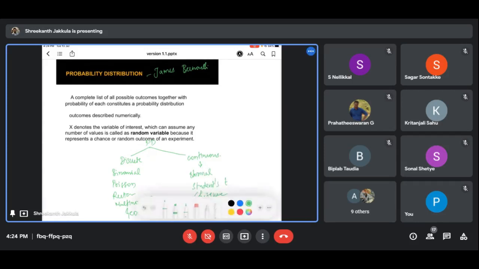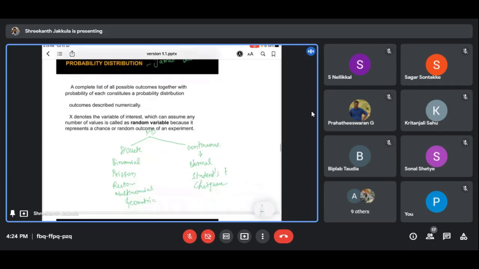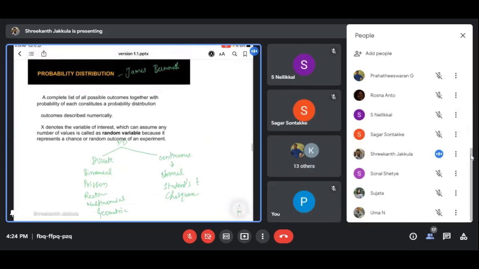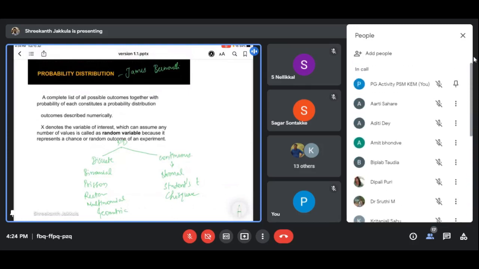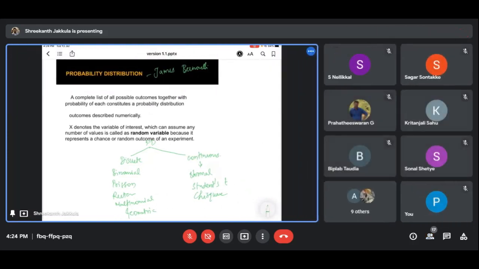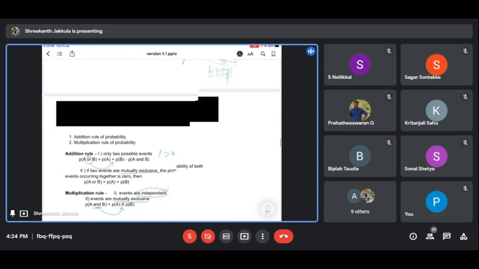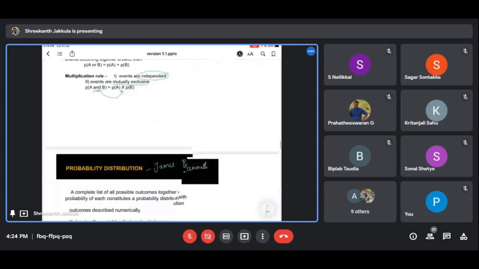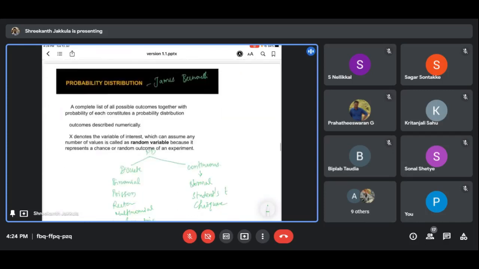Before going into the different types, first we will see what a probability distribution is. The theoretical frequency distribution is not based on actual experiment or observation. It is based on frequencies obtained by mathematical computation based on certain hypotheses. Whatever probabilities, the chances, we have seen, we computed based on some hypothesis.